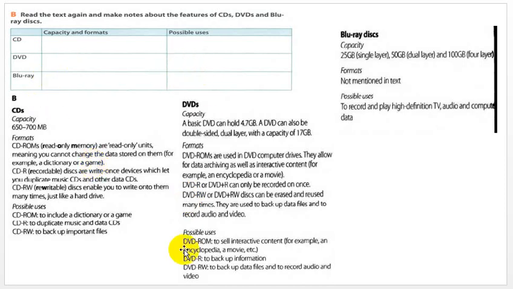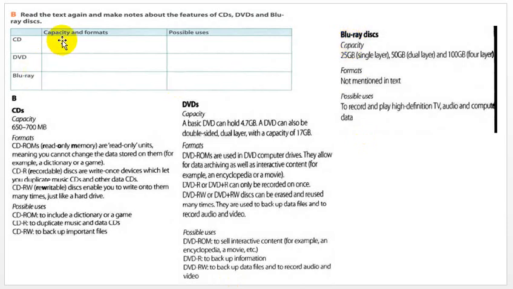What are the possible uses of this? DVD-ROM to sell interactive content, for example encyclopedia, movie, etc. DVD-R to back up information. DVD-RW to back up data files and to record audio and video. And what is the capacity and format and possible uses of Blu-ray disc?